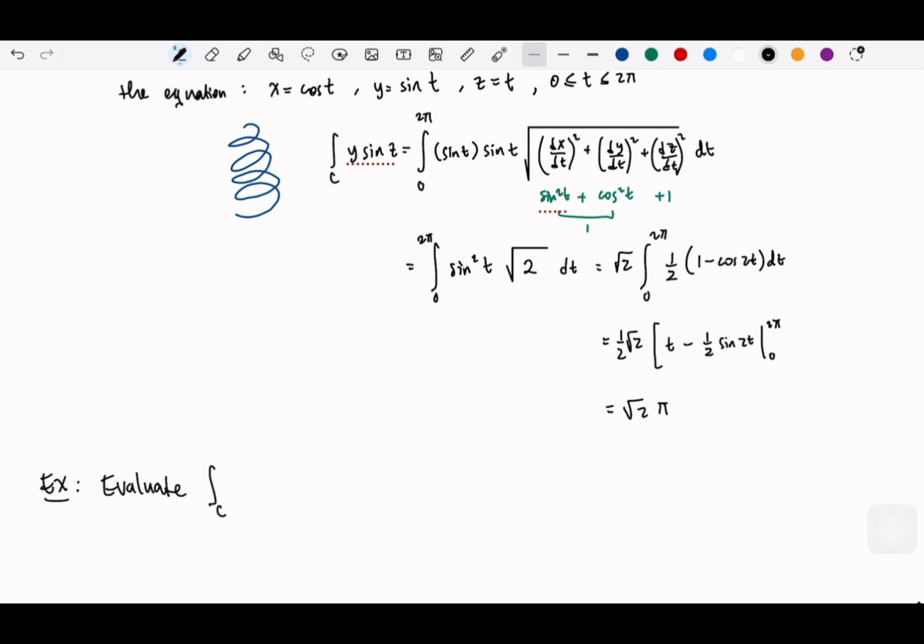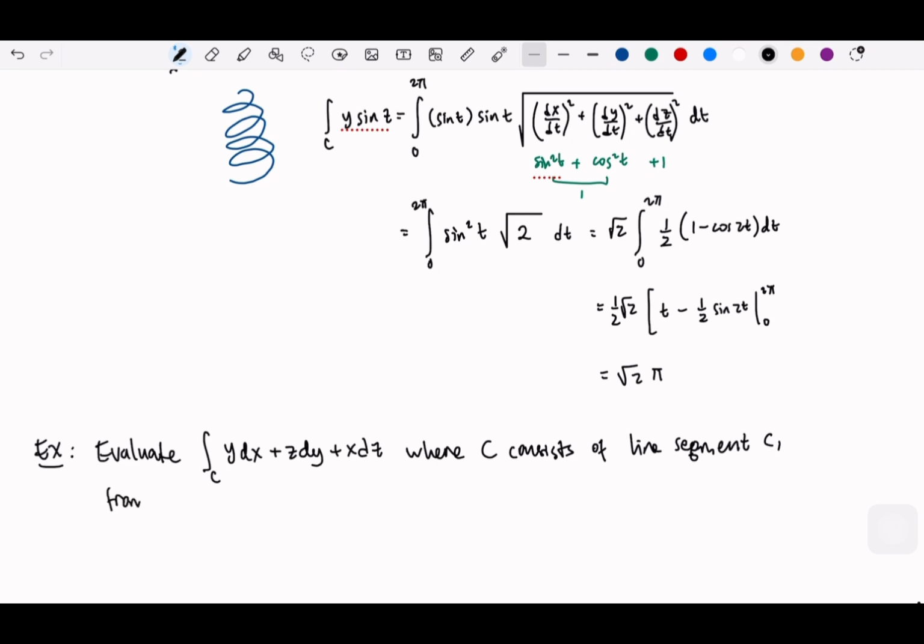Evaluate the line integral. Okay, so this example has several line segments. Only two. C1 is from 2, 0, 0 to 3, 4, 5.